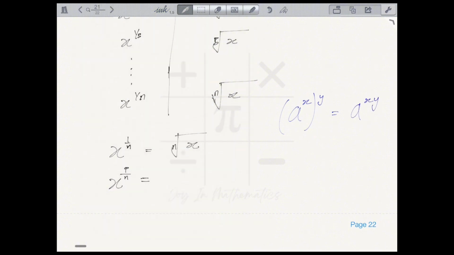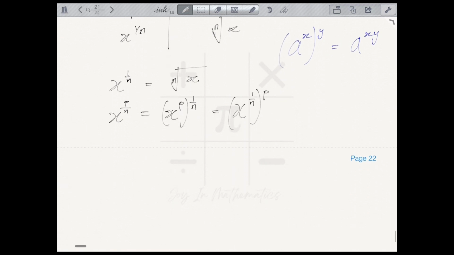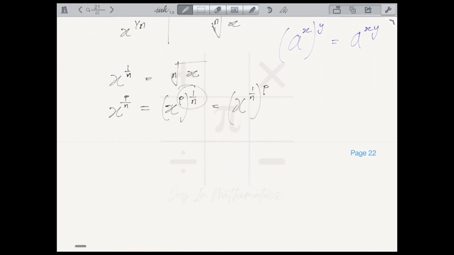Now, we can rewrite this to give us x raised to the power of p, all raised to power 1 over n, or we rewrite it as x raised to the power of 1 over n, all raised to the power of p. Either way, when we multiply p and 1 over n together, we will have p over n. So when we write x raised to power p over n, we will have x raised to power p, raised to power 1 over n.